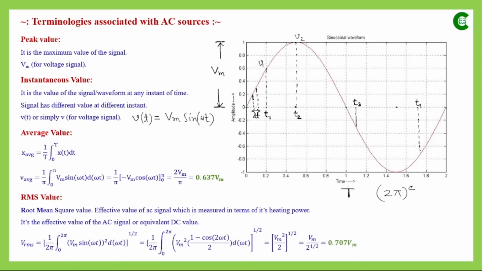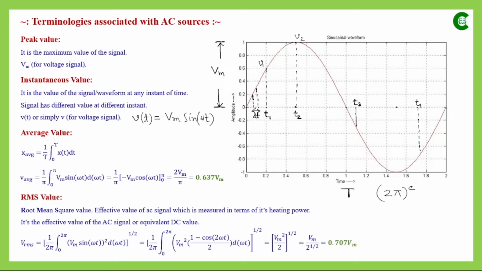The next terminology that we use in the case of AC sources is average value. Now to get the average value of an AC signal, first we vary the time by a small amount, and that variation of time we represent by dt, and then we calculate how much area is covered by that AC signal over that time.